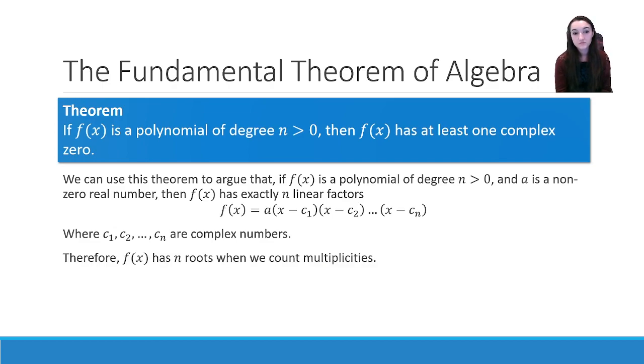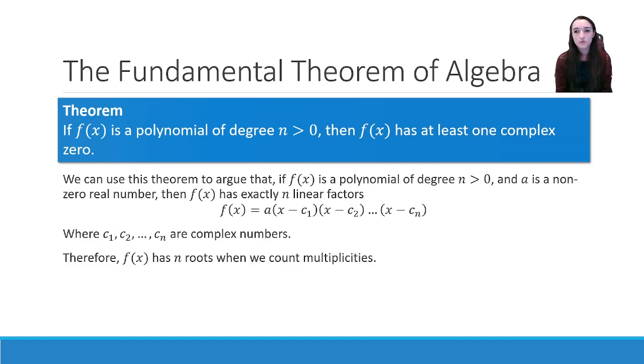So, therefore, f of x always has n roots, or zeros, or solutions, or however you want to call it, when we count multiplicities. If you remember back when we first introduced polynomials a couple chapters ago, I hinted that the multiplicities of each of the factors added up to the degree of the polynomial, but that was only in particular cases.